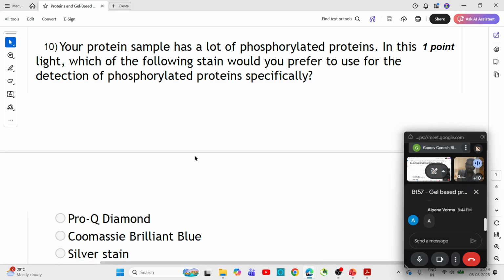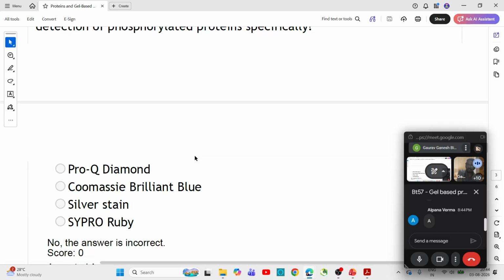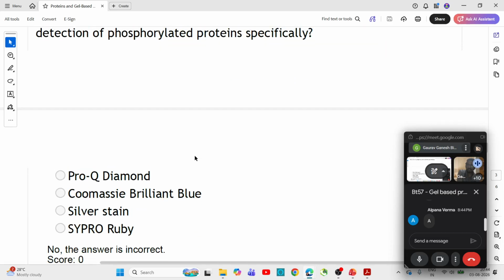Oh, we didn't do that though, but you can try and answer it. So it's about phosphorylated proteins. Just make a guess if you want to, but it's a theoretical question. So if there is one specific dye which is helpful in understanding phosphorylated proteins.